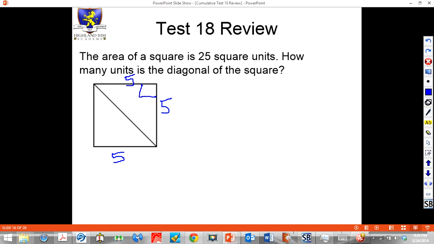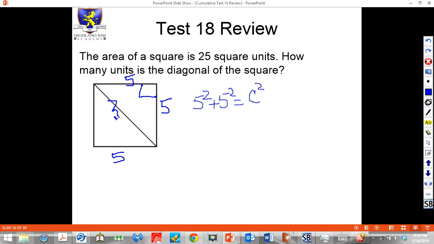So the question is, what is going to be this side? And that side is really just the hypotenuse, right? So it's 5 squared plus 5 squared is equal to our side squared, and we'll call it c squared, right?